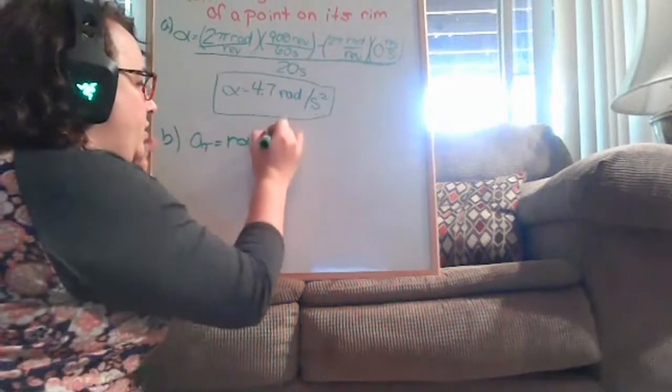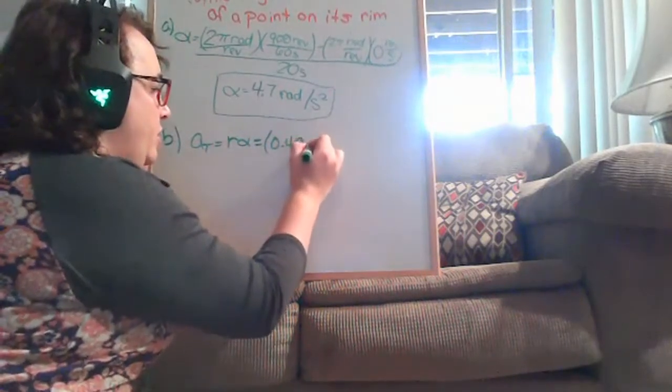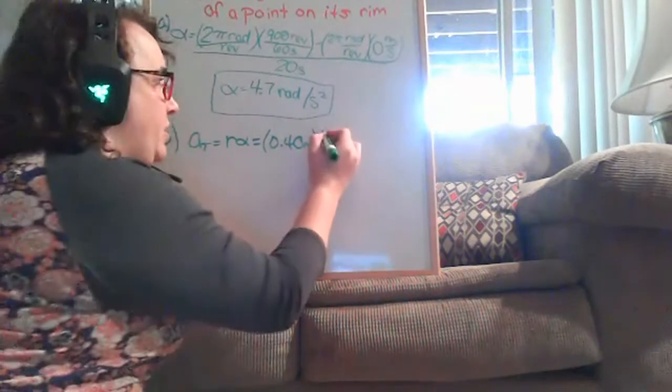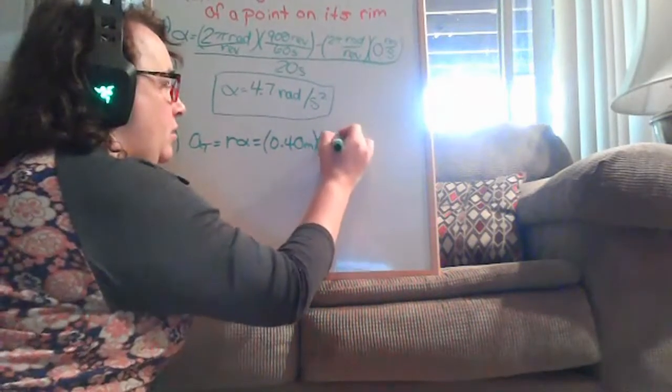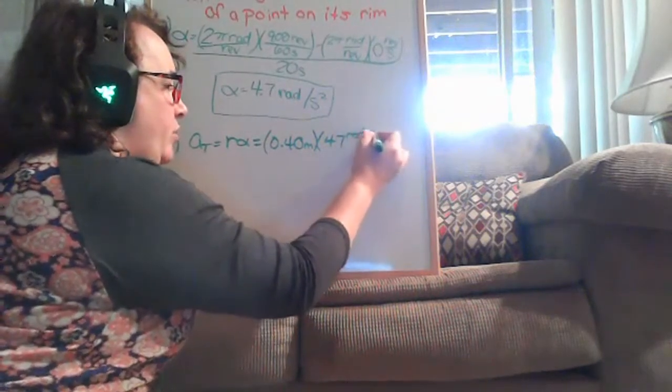So that is 0.40 meters times the 4.7 radians per second squared.